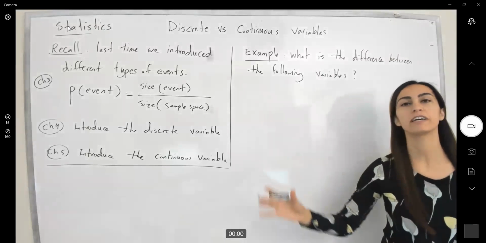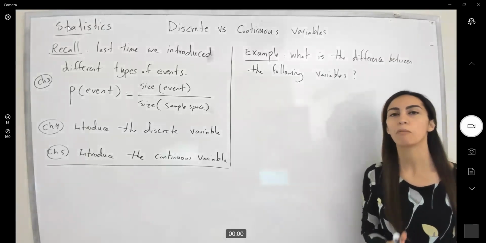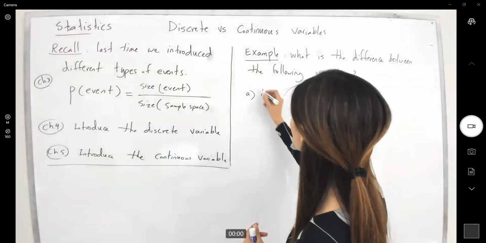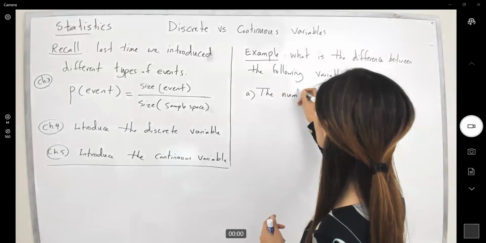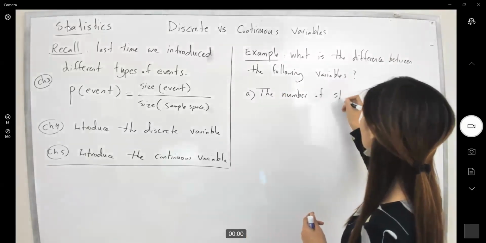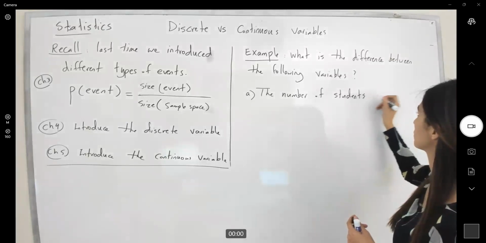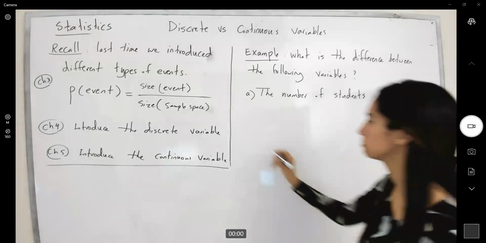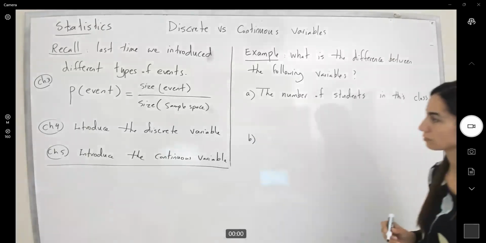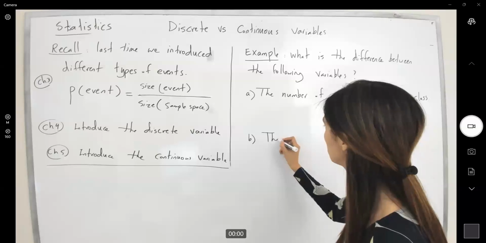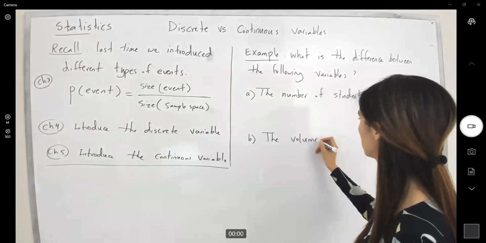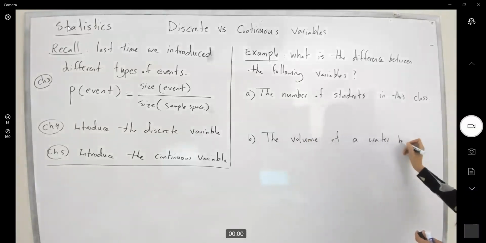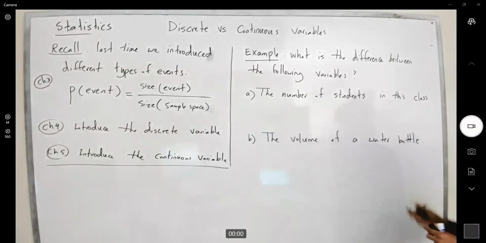The very first variable that I'm going to give you is the number of students sitting in this class. And B, the volume of a water bottle.